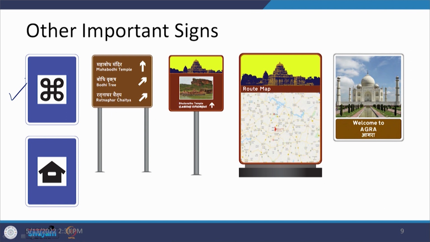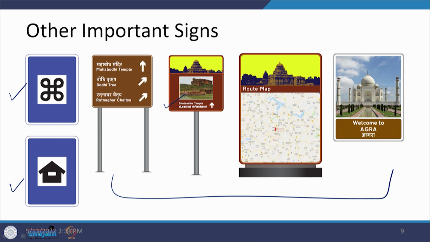Now, this sign is related with the archaeological conditions of a particular area. So, this is a heritage area and that can be marked. This one is related to that there are habitations. All of these signs are related with the information being depicted in different colors. Here you can see the prominence of the brown color which is being used, and it tries to tell you the information about all those locations which are having the heritage value.